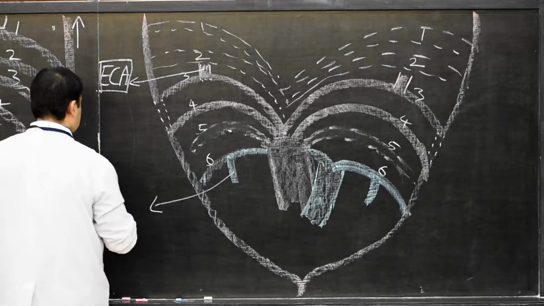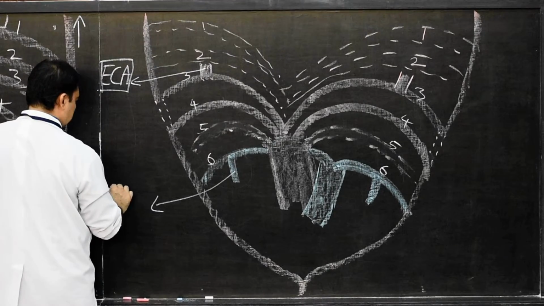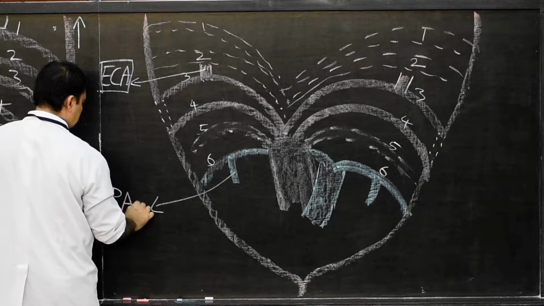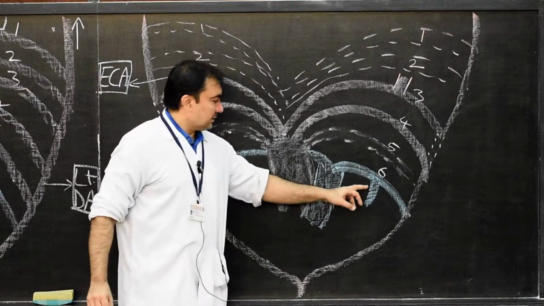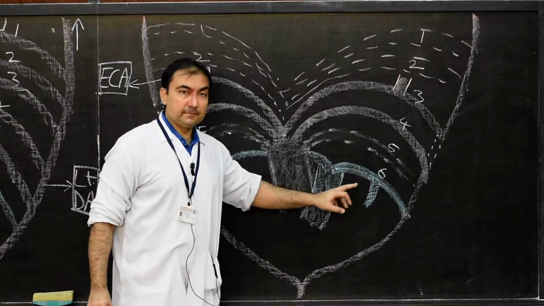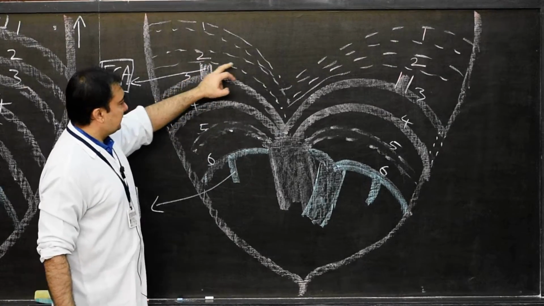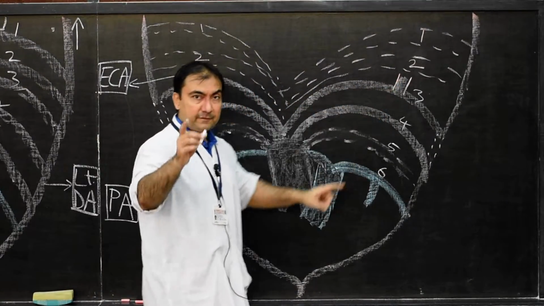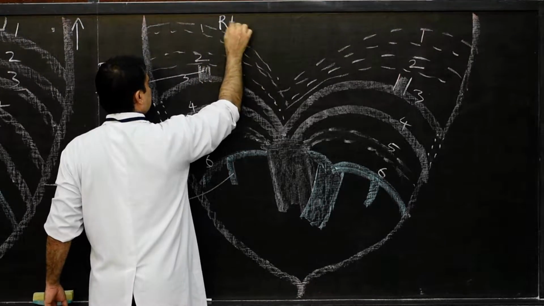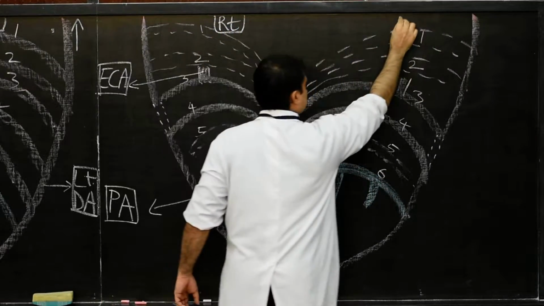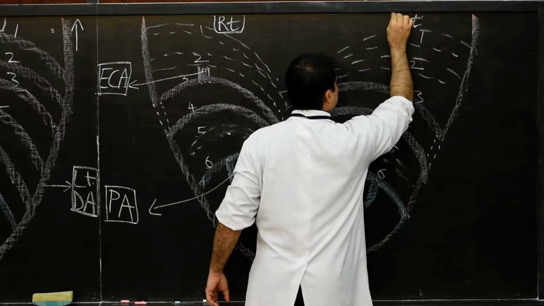So therefore here we can name this as pulmonary arteries. Of course, this will be right and here it will be left. Same way here, this is the right and this will be left. This should be very clear. So here I will just mention this as the right and here I will mention this as the left one.